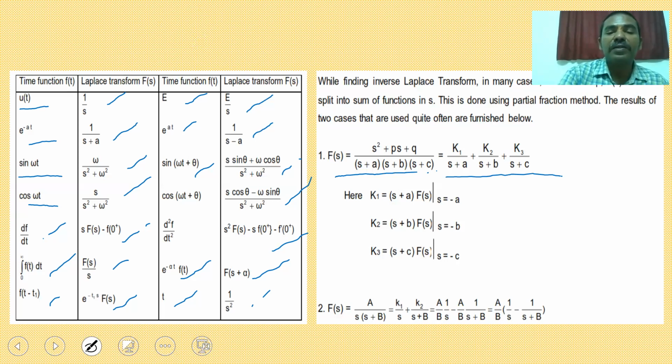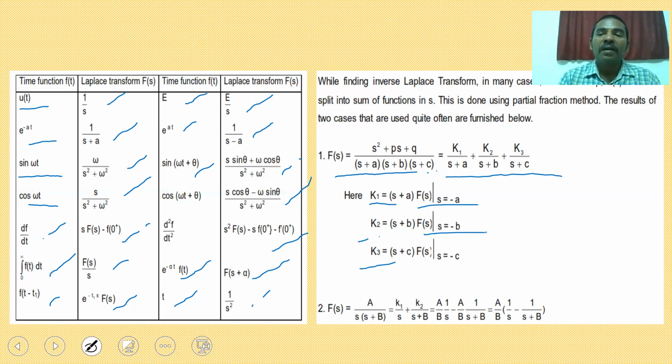For finding the residues k1, k2, k3, the overall function is multiplied by the denominator of each residue. So that is (s + a) into F(s), and substitute s equal to −a. Similarly for k2, (s + b) into F(s), and substitute s equal to −b.